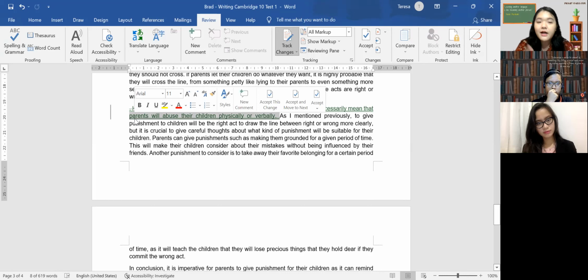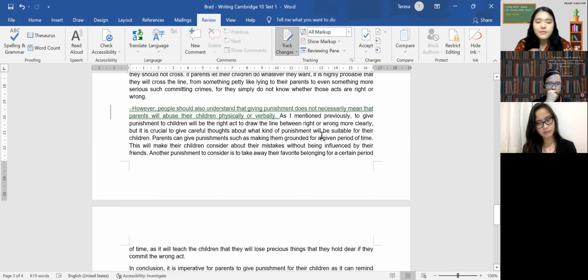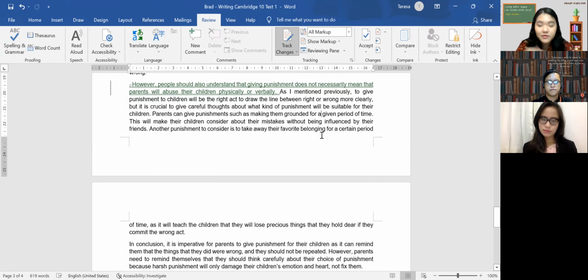Alternatively, parents can give punishments such as making them grounded, etc. With IELTS, I believe they're quite conventional about the structure of writings. You want it to be as clear and as structured as possible to achieve a higher score. Okay, I think that's all from me.